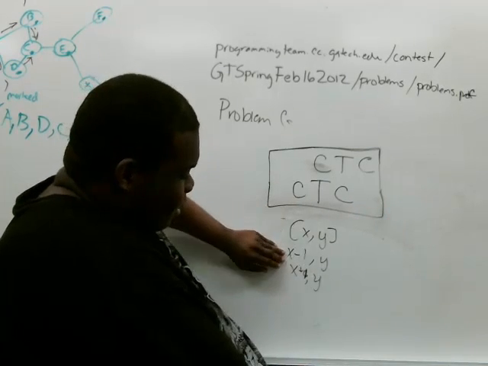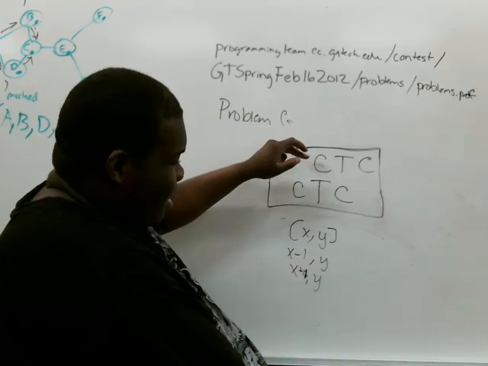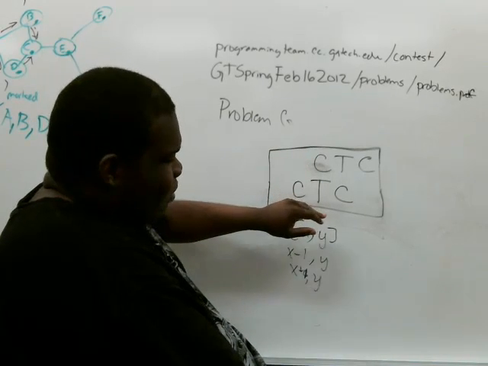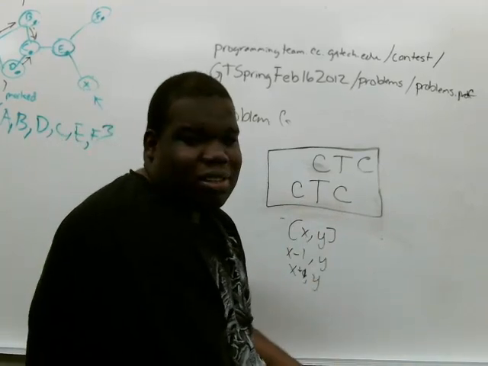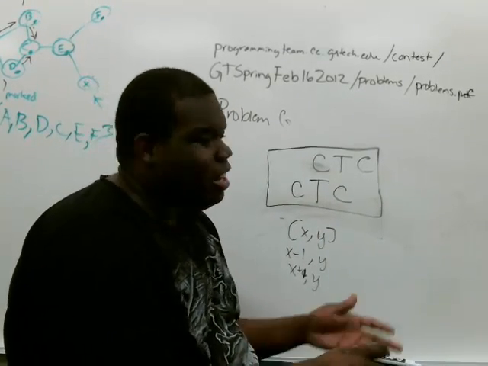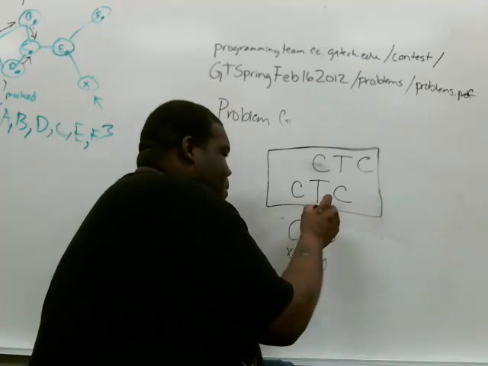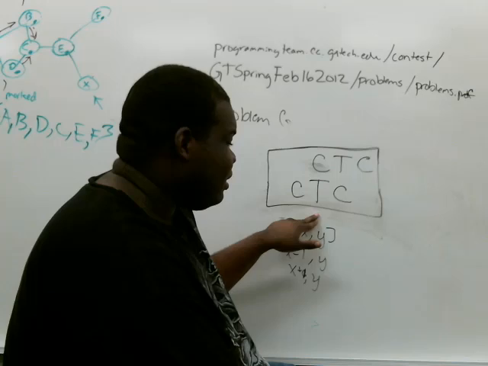You also do y minus 1. So if y minus 1 is greater than or equal to 0, you put it down. If y plus 1 is less than the height, then you can put one down here. But if you put one down here, then you'll run into an index out of bounds exception.